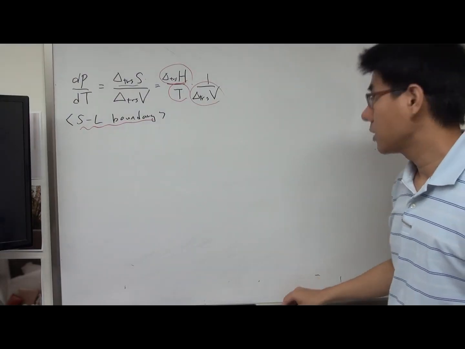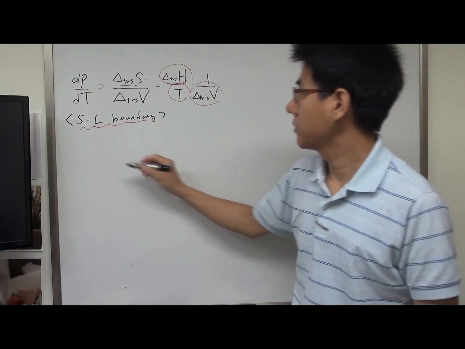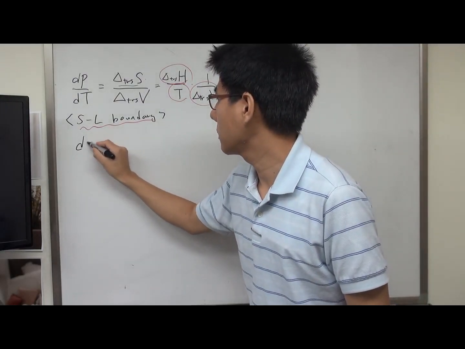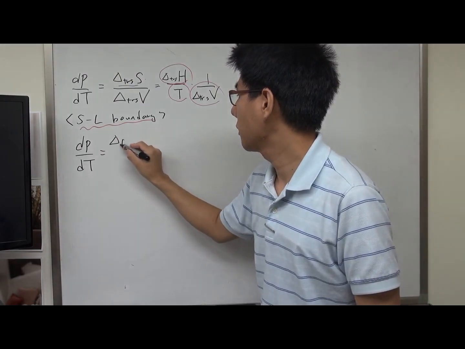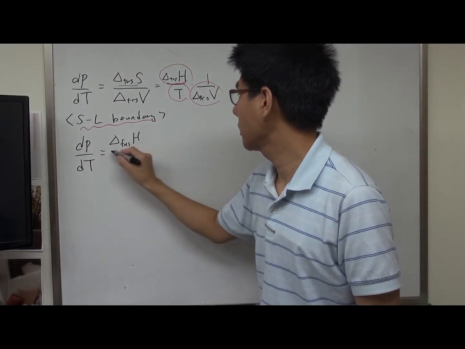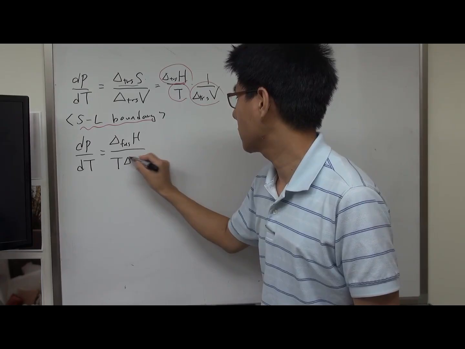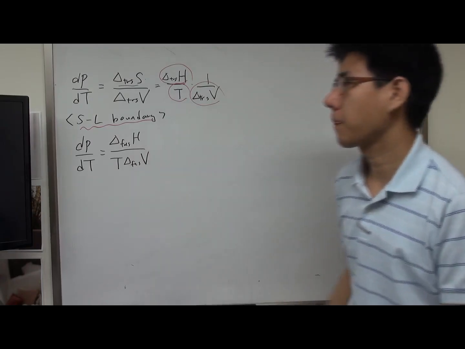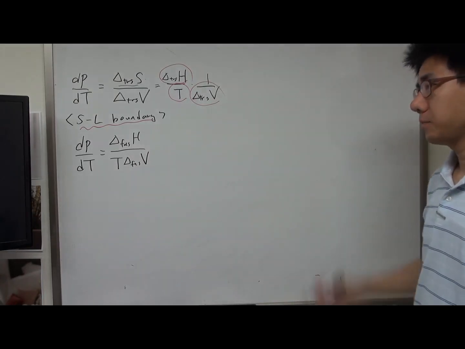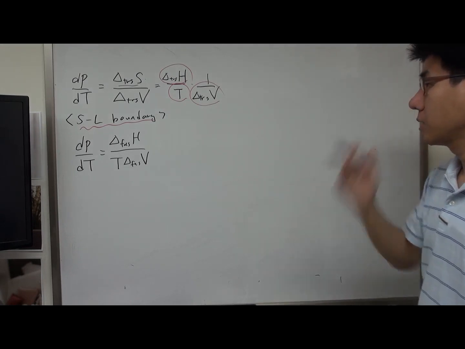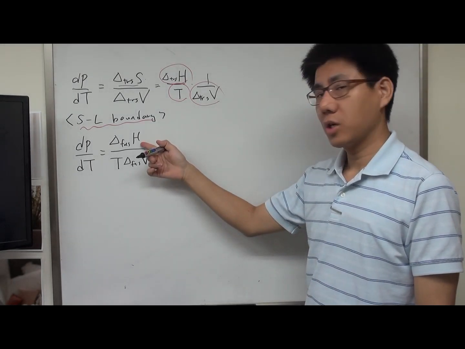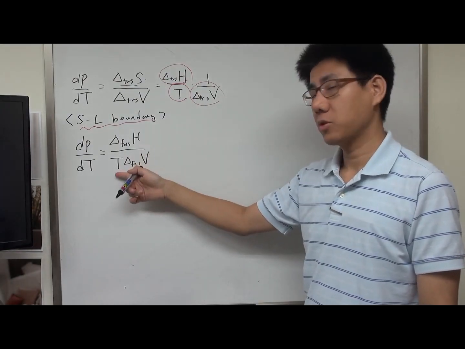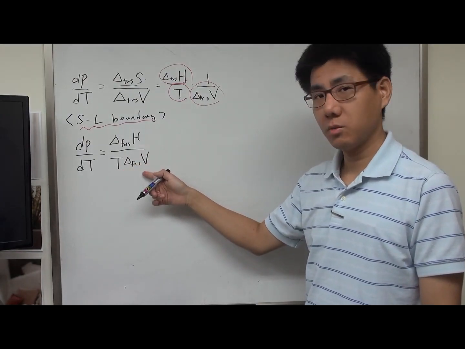Okay? How about solid-liquid boundary? So now we have dP/dT is equal to delta fusion H over T delta fusion V. Okay? If melting occurs, enthalpy change is positive, temperature is positive, volume change is positive, right?